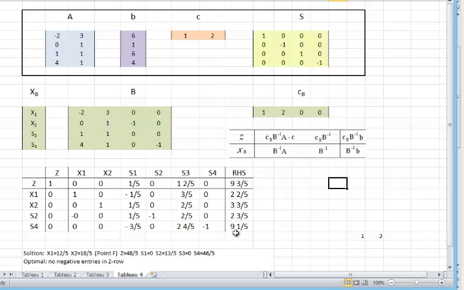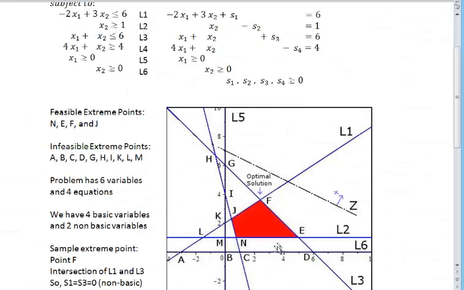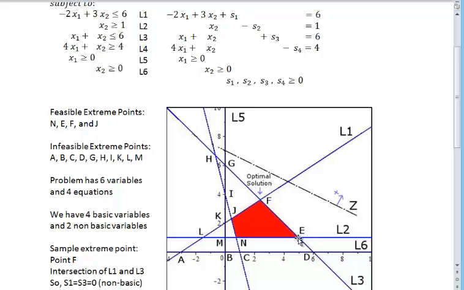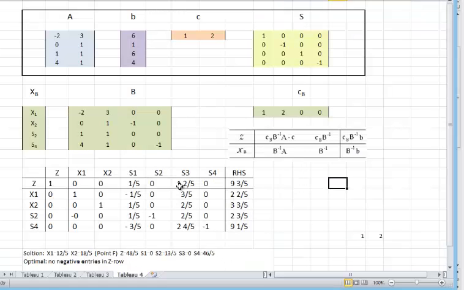For point F, which is the optimal solution, we will not get any negative values in the 0 row because the answer is optimal. But if we process point E in this tableau, we will get some negative numbers because it is not an optimal solution, and you can still improve the solution based on that.